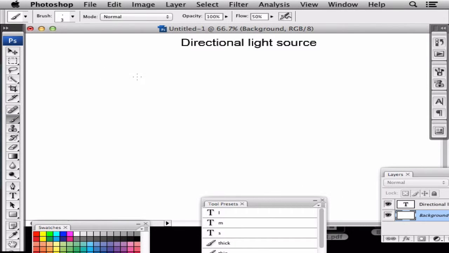We can illustrate this with a shining light bulb, which I use to denote any kind of light source. And we could put this, although we cannot put it in the scene because the directional light is infinitely distant.